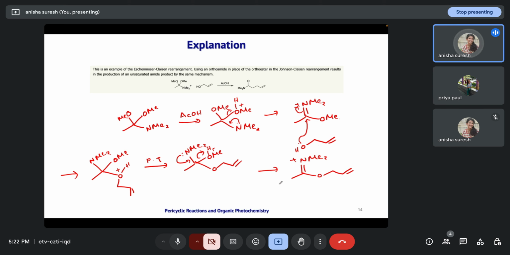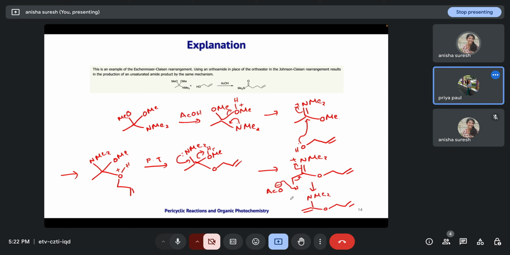The proton abstraction will be taking place in the presence of this acetate. Here, the proton will be abstracted and it will result in the formation of NMe2, O, like this. Okay.